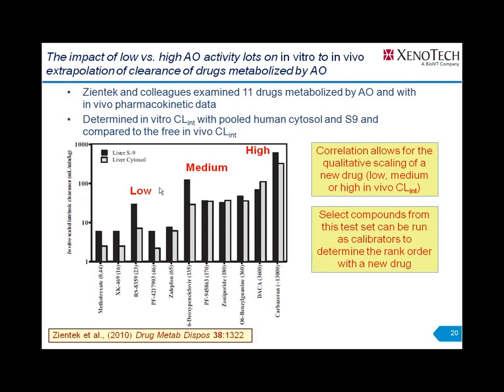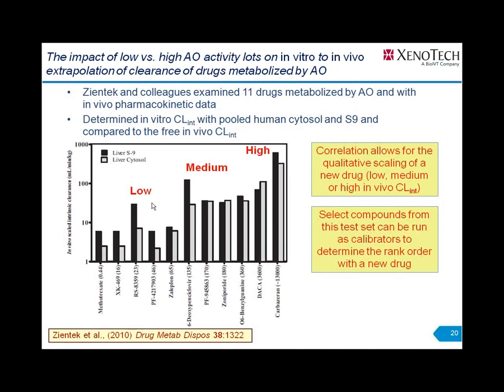You can see that, just like Brian mentioned in his earlier slides, some of these classical AO substrates fit into these molds. Carbazeran is a high intrinsic clearance substrate in vivo, and we see that partly reflected in the highest in vitro intrinsic scaled clearance value. We've got zaleplon, which is in the middle, and we've got drugs like zaleplon and methotrexate, which are on the low end.